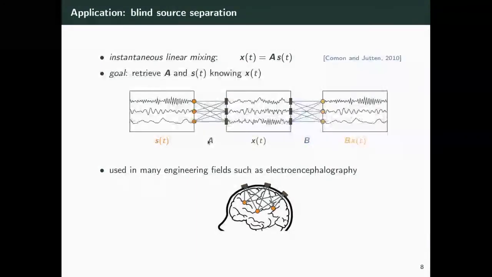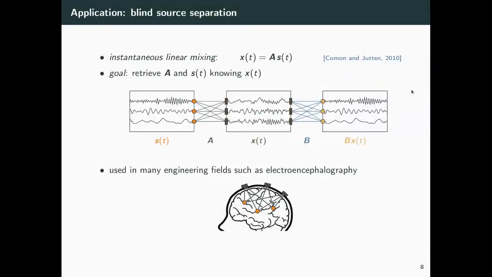And in fact, by jointly diagonalizing covariance matrices of the observation, we can obtain a matrix B that corresponds to the inverse of the mixing matrix, and that allows to retrieve the sources.